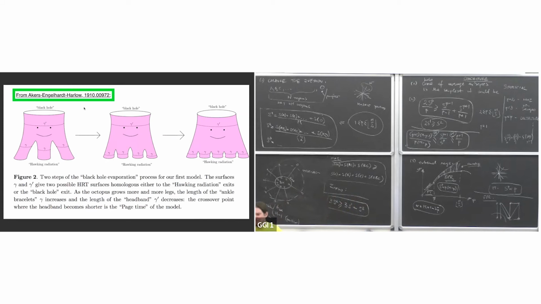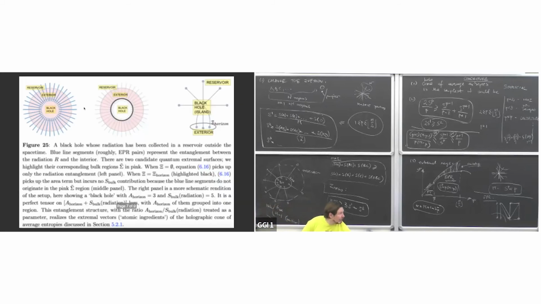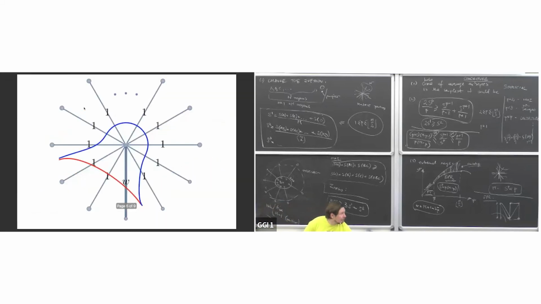And they said every time a Hawking particle is expelled, I can think of this Riemann surface as growing an extra leg, or growing an extra puncture, basically. And then they said Hawking evaporation can be thought of as this octopus growing more and more legs, or more punctures. This is a geometric picture, which is exactly the same picture as we have over here, yes?